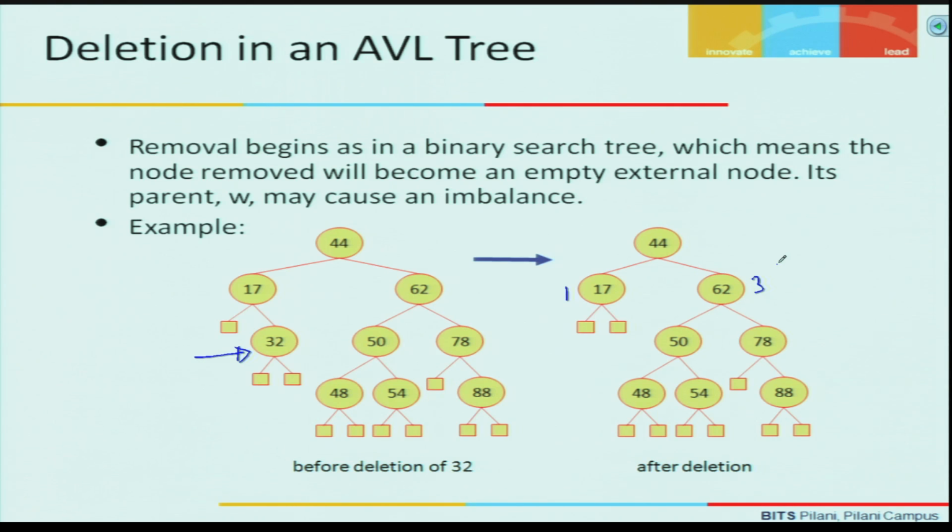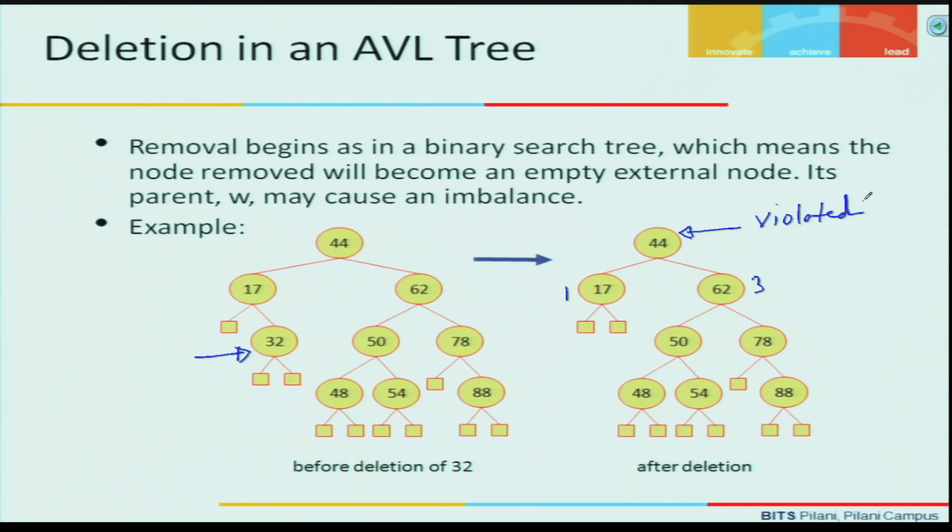If I look at this 44, then the height balance property is violated at this particular node, because its left subtree has height 1 and its right subtree has height 3. So, the property is violated at this point.